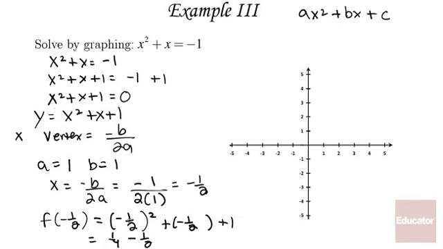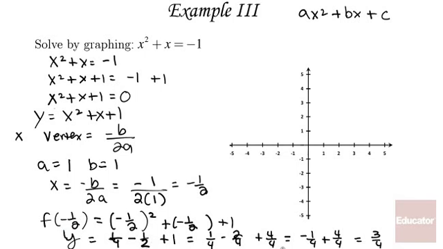So negative 1/2 times negative 1/2 is 1/4. That equals 1/4 minus 2/4 plus 4/4. I'm going for the common denominator. So 1/4 minus 2/4 equals negative 1/4, plus 4/4 equals 3/4. So at the vertex, y equals 3/4.